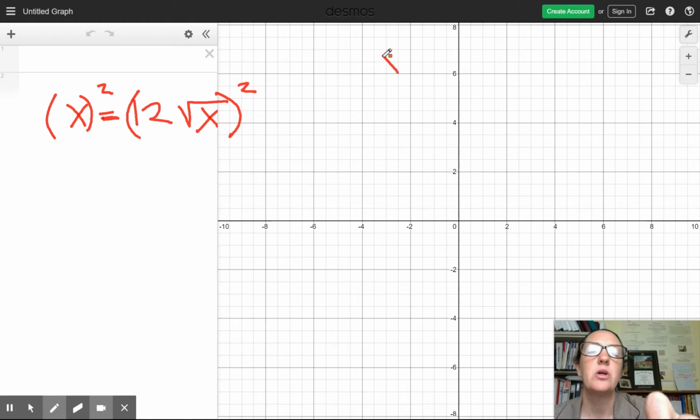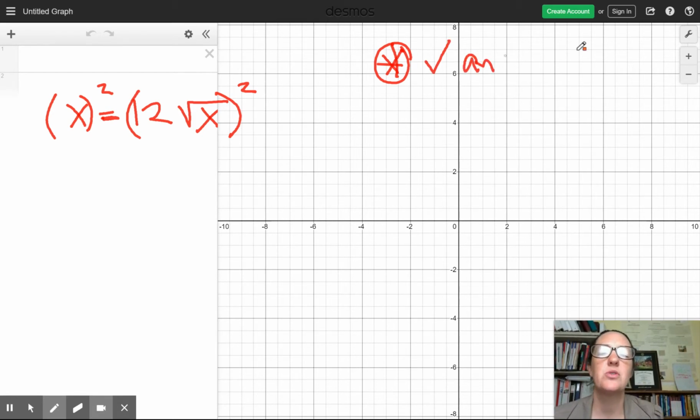Now, be sure that if you are squaring both sides of your equation, or raising it to any even power, that you are checking your answer. Because when you have squared both sides, you might be introducing an extraneous root.